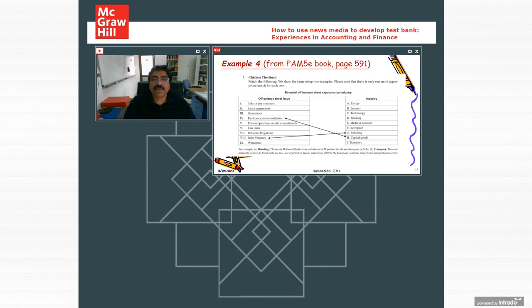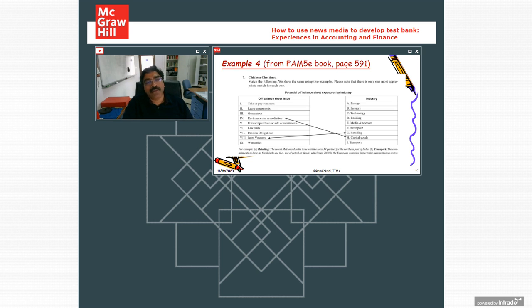Now, if you observe this particular video, it is straight taken from my book. And you will agree that almost every organization tries to do some off-balance sheet activity. Every organization tries to either underreport their assets or overreport their liabilities depending on their objective function.